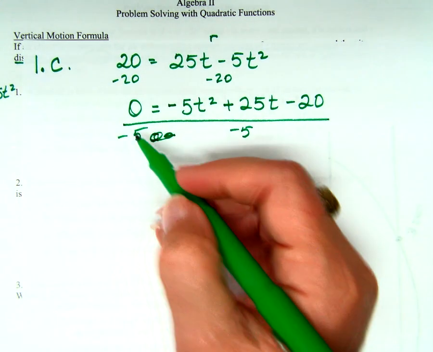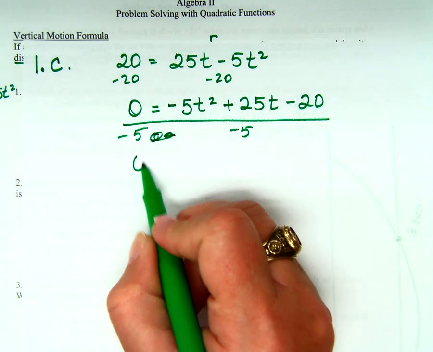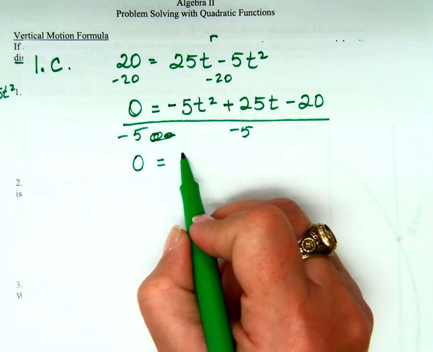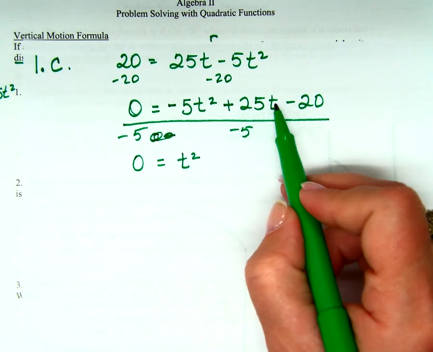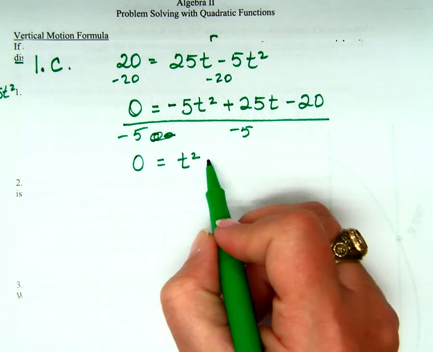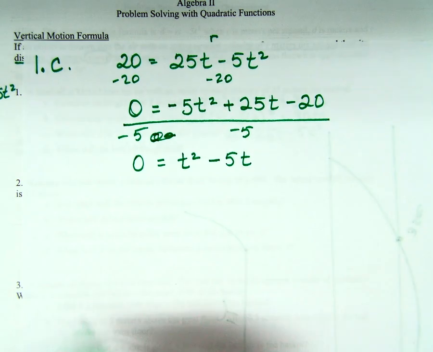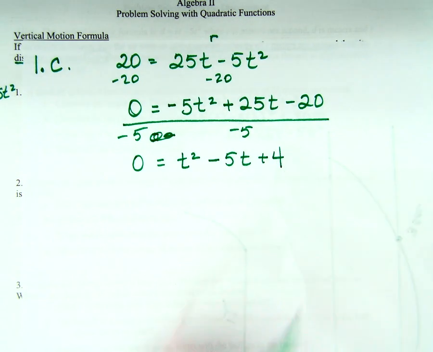What's 0 divided by negative 5? 0. What's negative 5t squared divided by negative 5? T squared. What's 25t divided by negative 5? Negative 5t. And then what's negative 20 divided by negative 5? Well, first of all, that looks a whole lot easier, doesn't it? Okay.